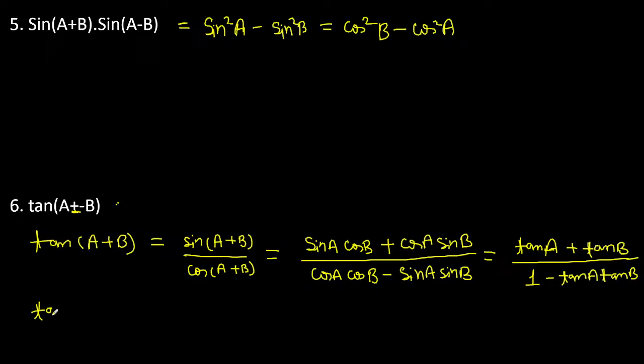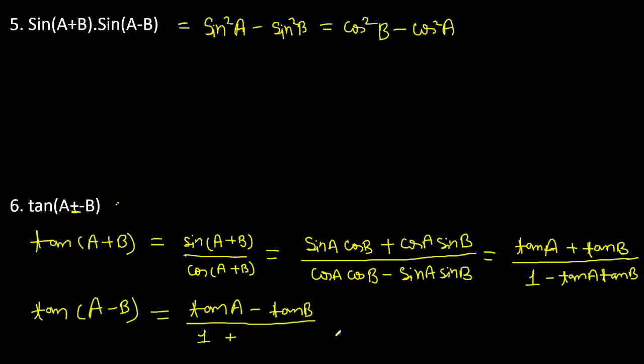Similarly, for tan(A minus B), we'll put B equal to minus B. Tan of minus theta is minus tan theta, so it will simply come out as (tan A minus tan B) upon (1 plus tan A tan B), because minus times minus tan theta becomes plus.